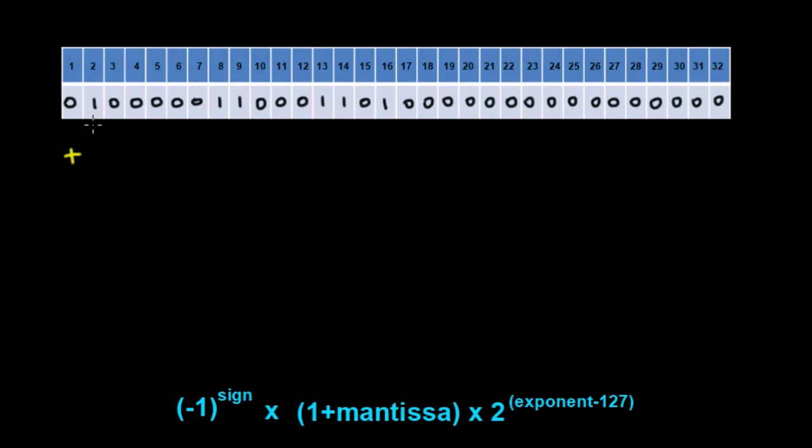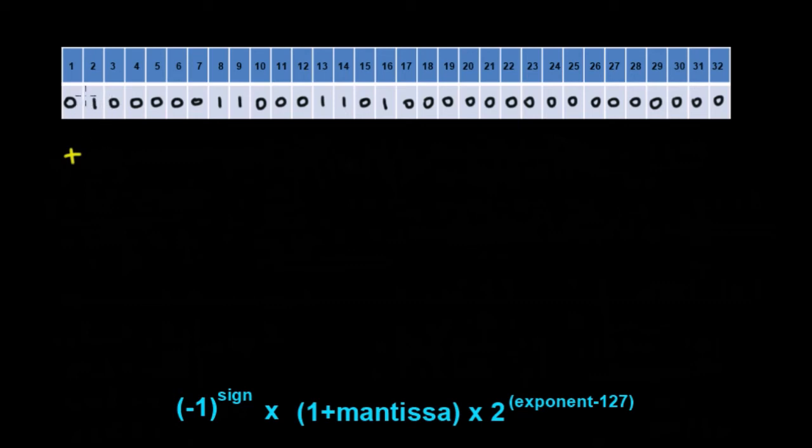The exponent is going to be these values here, the next 8 bits, from 2 to 9. So all we need to do is take this value here and turn it into its decimal equivalent. So we know that's going to be a value of 1, and then 2, 4, 8, 16, 32, 64 and 128.